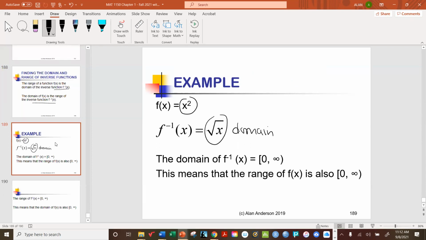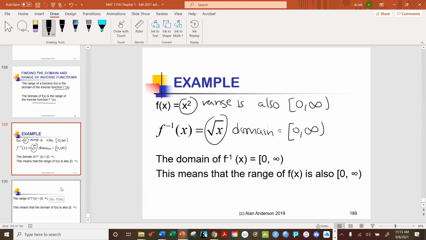So therefore, the domain of this inverse is, as it says here, 0 up to infinity, including 0, which implies that the range is also 0 to infinity. It should make sense because no matter what number we square, the smallest value it can be is 0. So I hope you can see why this has to be true.